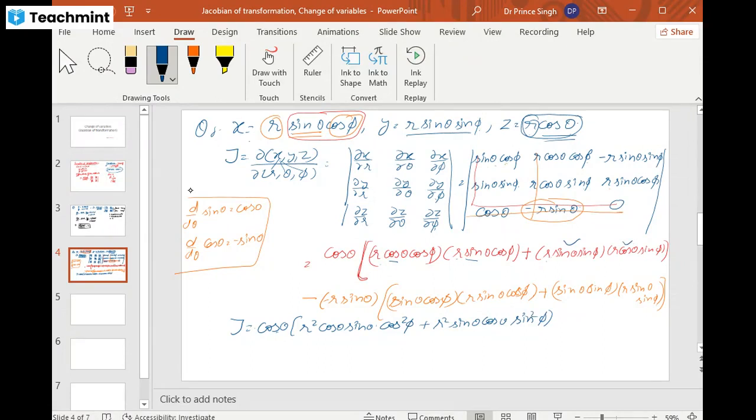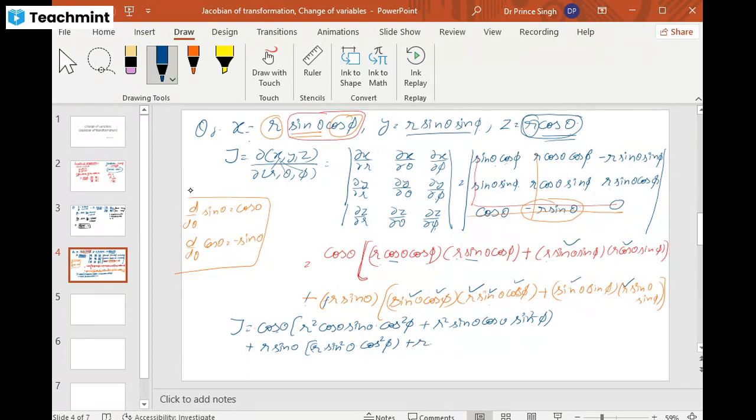Now plus, this negative becomes positive, plus r sin theta as it is. Inside the bracket is only one power of r, and now sin theta into sin theta is sin square theta, and here cos phi into cos phi is cos square phi, plus this side again only one r is there.